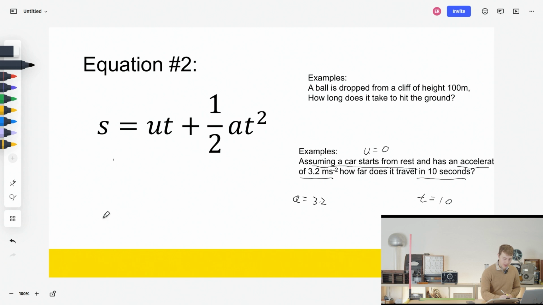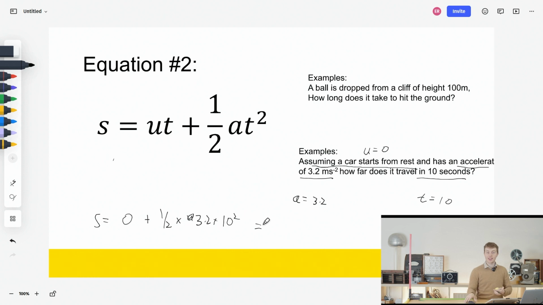We've got s, which is what we're looking for, the distance traveled, is equal to 0, we don't have to do any maths, plus 1/2 times 3.2 times 10 squared.